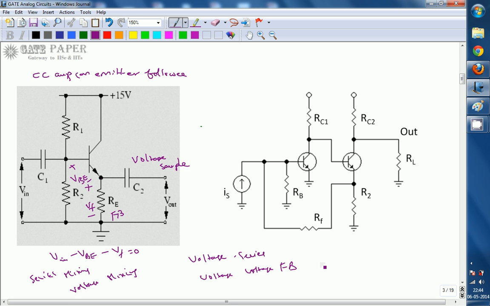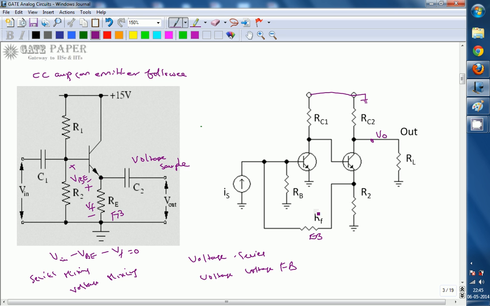Okay. This is one more circuit. What type of feedback does this one have? Assume that this one is connected to ground and it is given as the AC equivalent. By that time, this is the output node, so this is going to be treated as V0, and this is feedback. RF is feedback and the output node is taken at the second transistor collector.